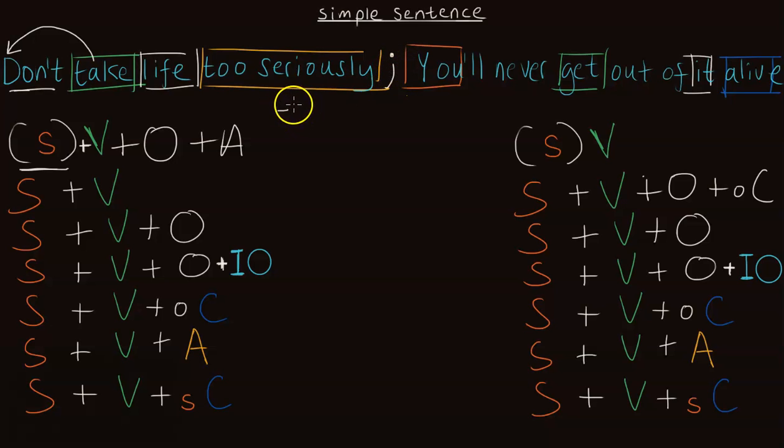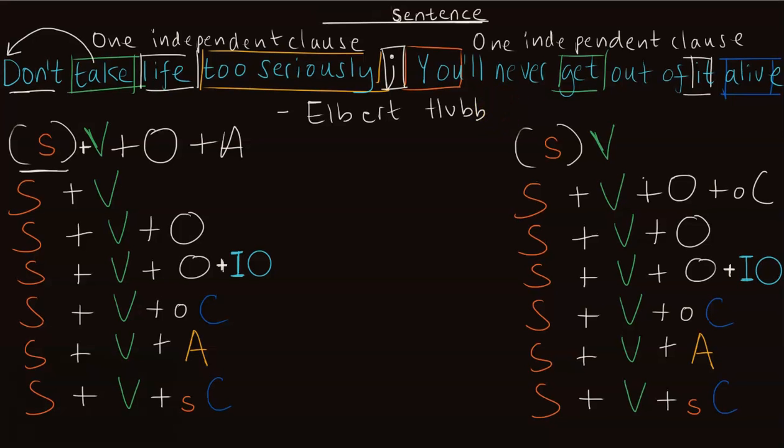Now, believe it or not, it's the same sentence. Okay, it's a famous quote by Elbert Hubbard. Don't take life too seriously; you'll never get out of it alive. And this, as you may have guessed, is a compound sentence.